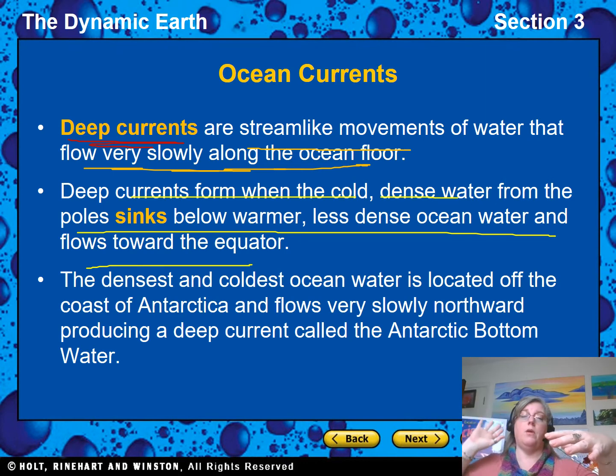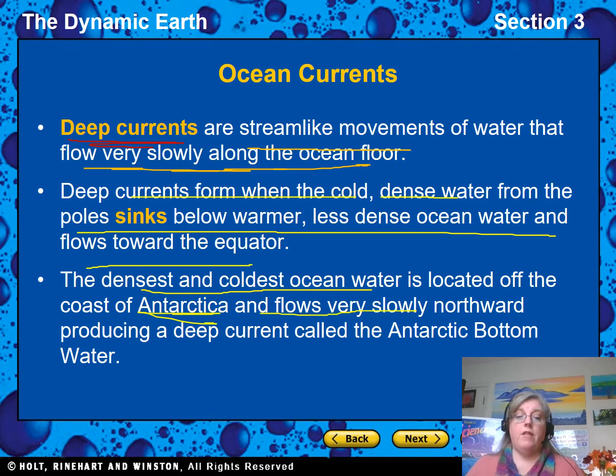So the stuff at the poles sinks down and goes under, down at the bottom. The warmer currents are floating nearer to the surface. The densest and the coldest water, of course, is off the coast of Antarctica, and it flows very, very slowly northward, producing a deep current called the Antarctic bottom water.